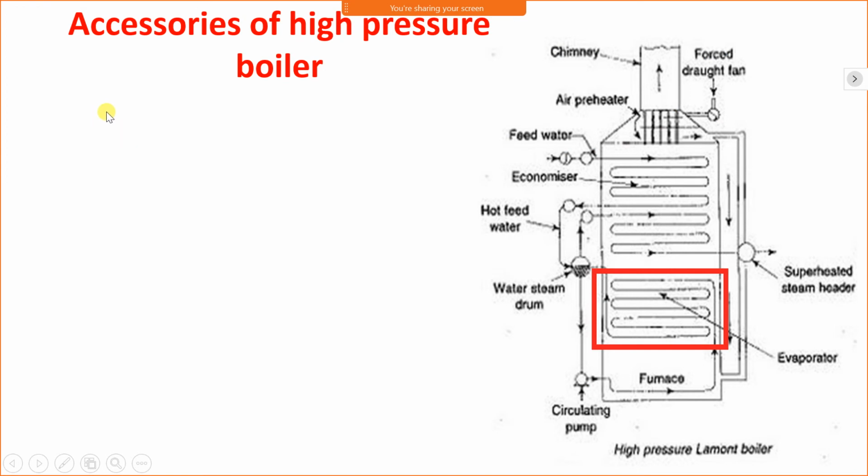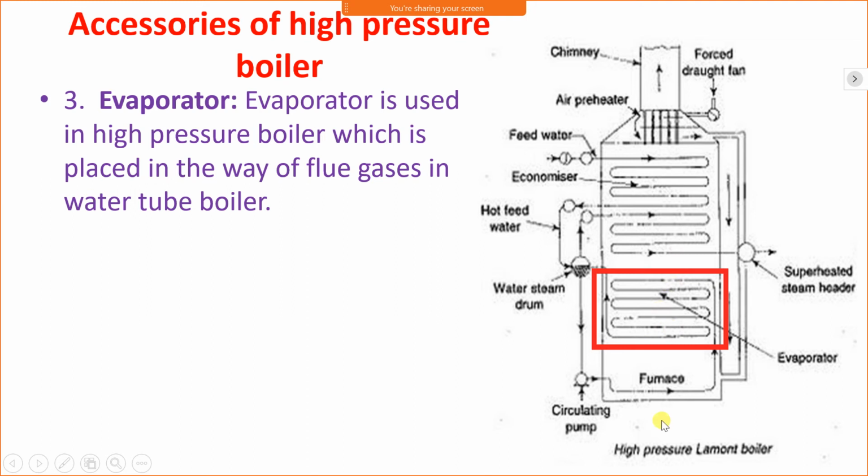Next assembly is the evaporator. Here you can see this is the high pressure Lamont boiler, this is the evaporator, this is the superheater and this is the economizer. Here I will explain the function of the evaporator, superheater and economizer again. When the feed water is supplied, it passes through the economizer.